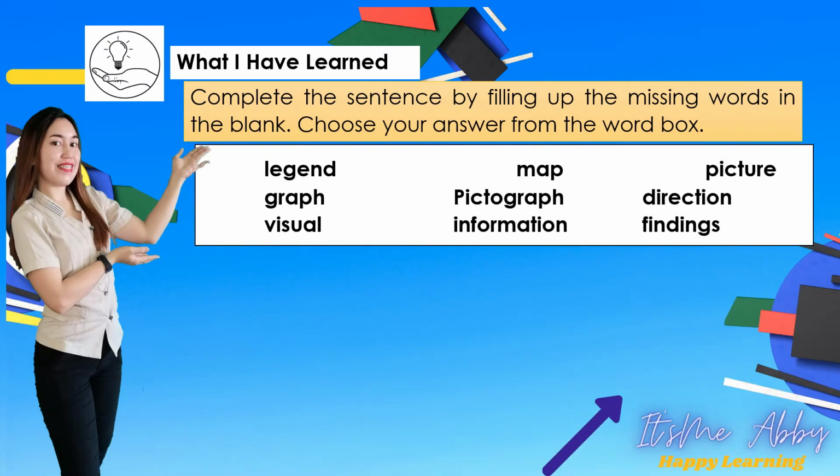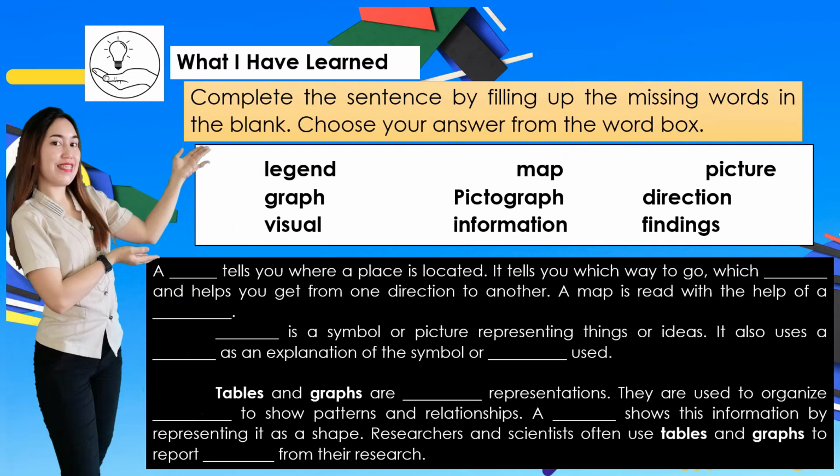The words inside the box are as follows: legend, map, picture, graph, pictograph, direction, visual, information, and findings. A blank tells you where a place is located.